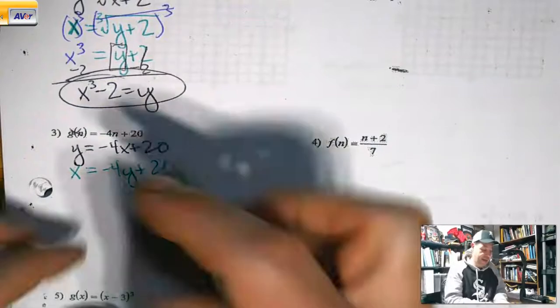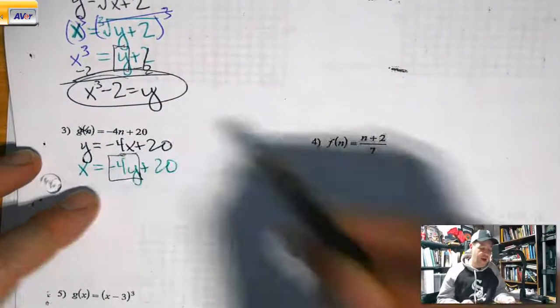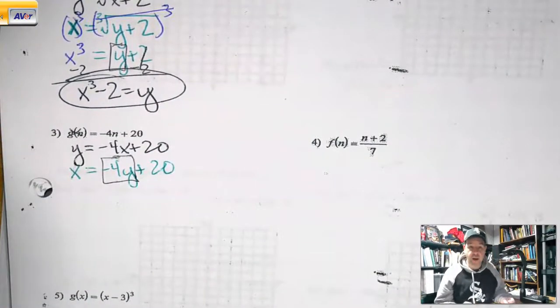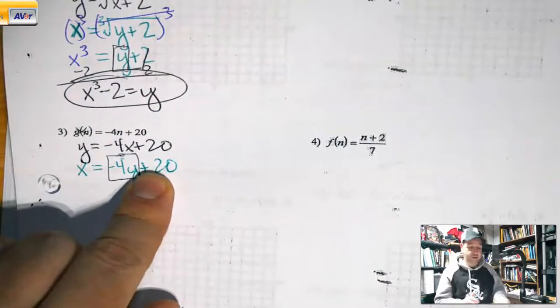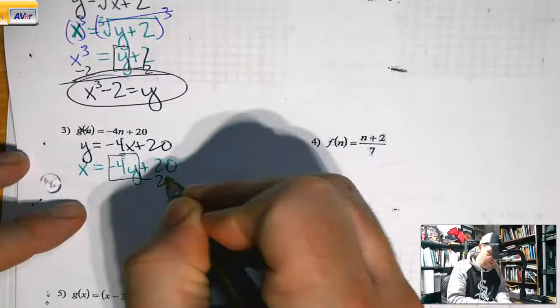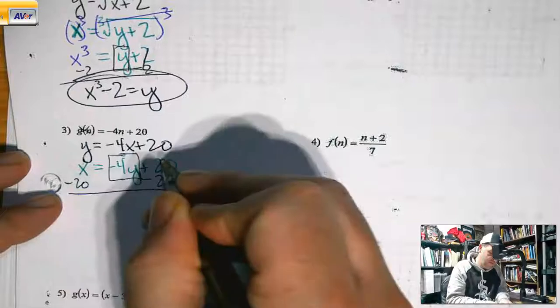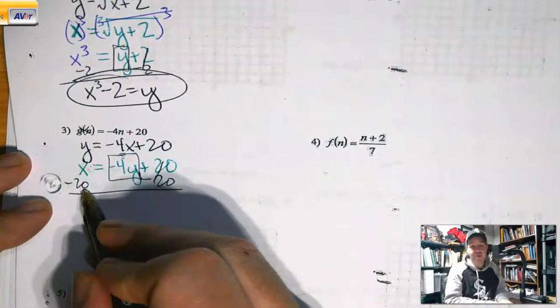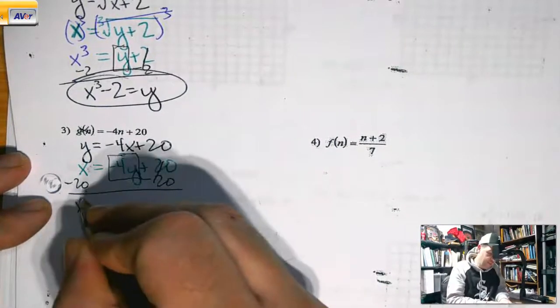And then it becomes a game of how do I get y by itself? So I need the plus 20 out of there. So we do the opposite. Again, this doesn't become negative 20x. I'm not multiplying them.